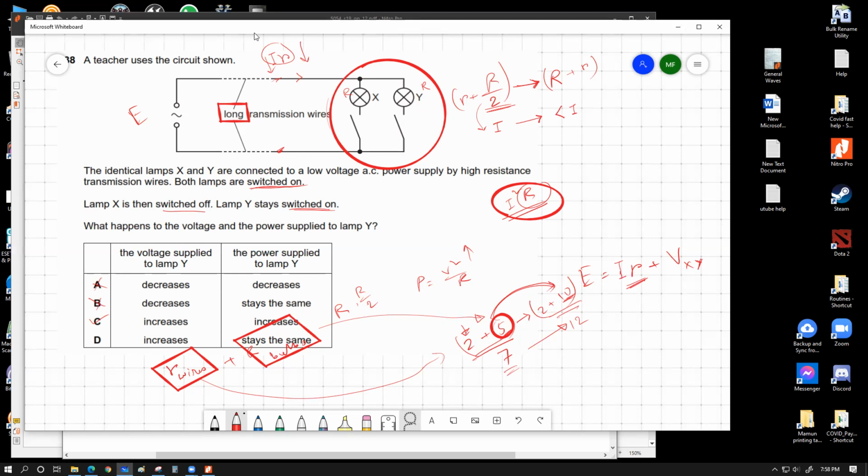Yes, total resistance R by 2, and when one of the switches has been opened, it becomes R. But the wire resistance remains the same. Yes sir. So তার মানে combined resistance, if you consider, total resistance has increased, but essentially hasn't become double.